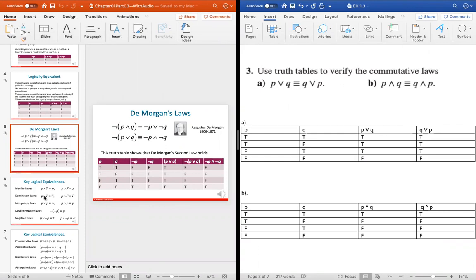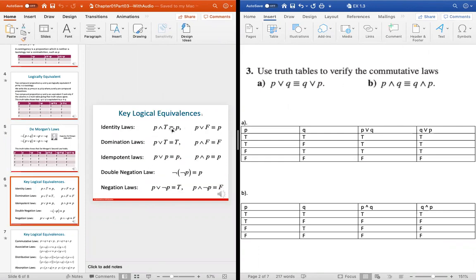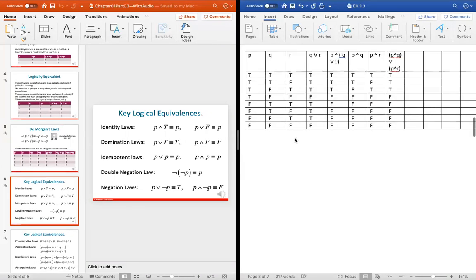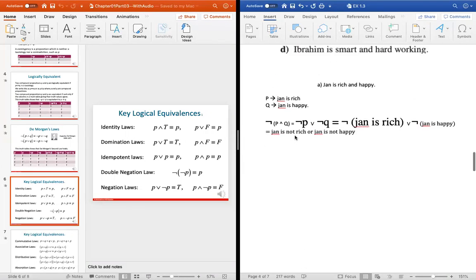You guys should be familiar with this. This is a very important slide on the left-hand side. Whenever we have an or, the ordering can be switched. So this statement can also be Jan is happy or Jan is not rich. But because P was on the left-hand side first, that's why I put it here, but you can put it the other way around.